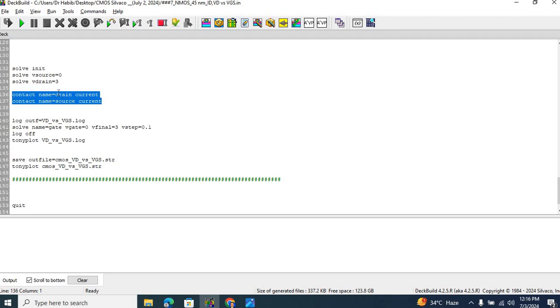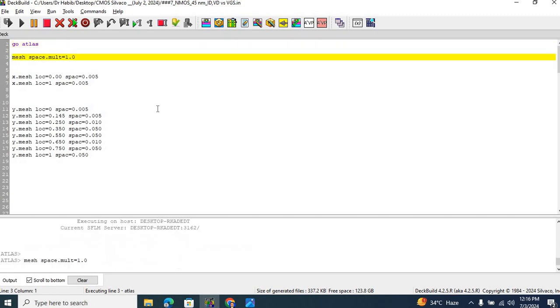So then I plot these characteristics. Now let me run the simulation, and finally I quit the program. So let me run the simulation using this command.